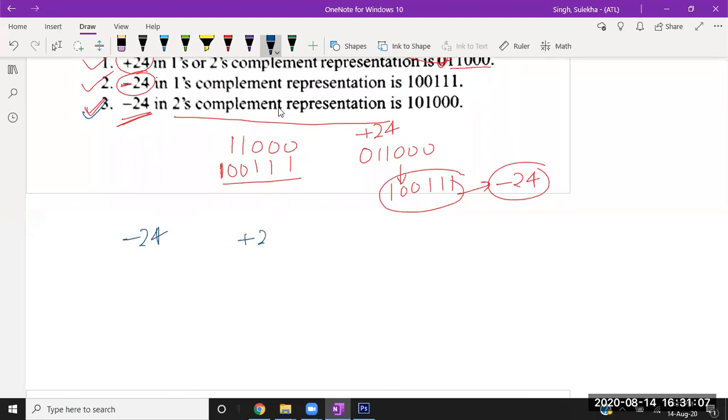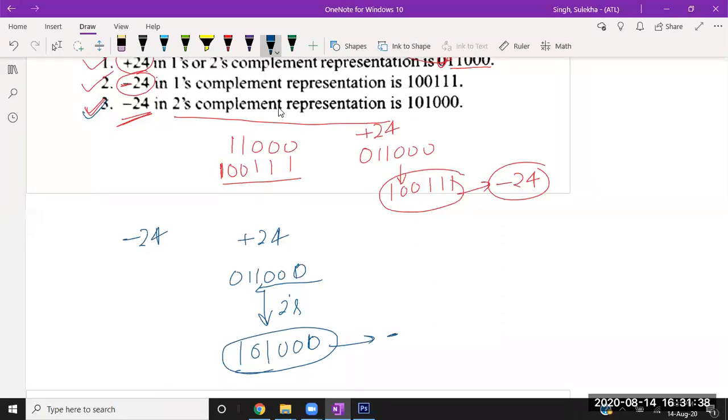First write plus 24, that is 0 1 1 0 0 0, and take the 2's complement of this number. You need to go from right to left till your first location of 1. After that, change everything. So this is your 2's complement representation. In 2's complement representation, this is minus 24.